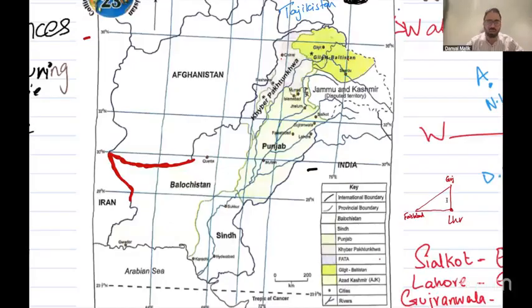In my language, we call this the Pinocchio nose. This is only for our class; don't write it in your CIEs, or the examiner's hand will come out of the paper and slap you. So whenever I say the Pinocchio nose, you should understand that sir is referring to this pointed outline on Pakistan's map. Okay, so you have to remember this.